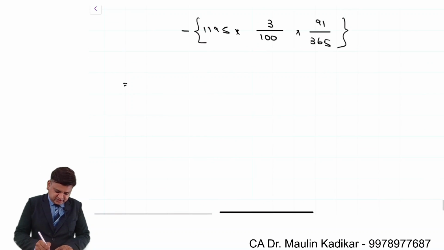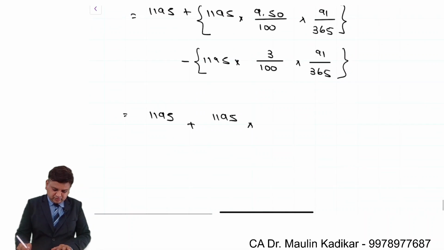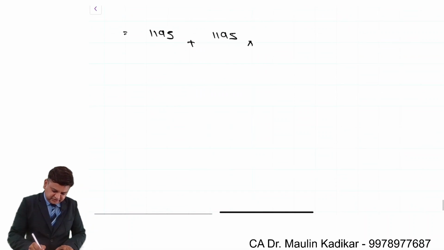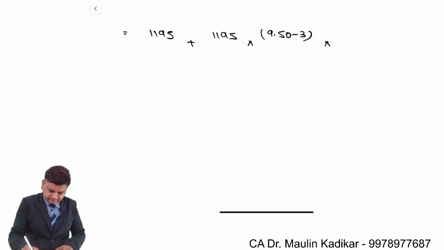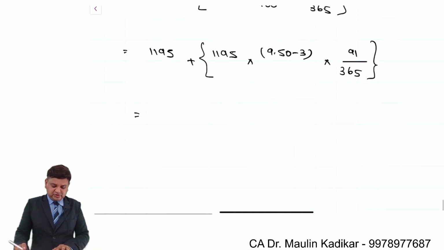So what we can do, friends? 1195 plus 1195 into 9.5 minus 3, into 91 divided by 365. This is the way the futures value will be found.